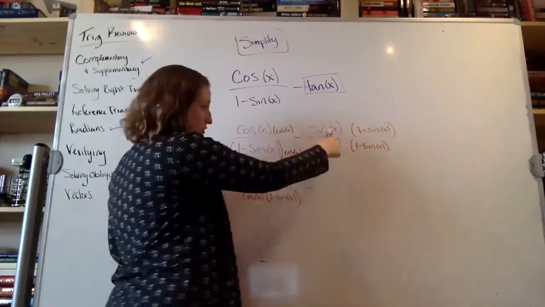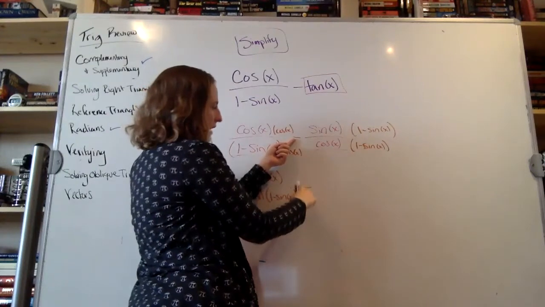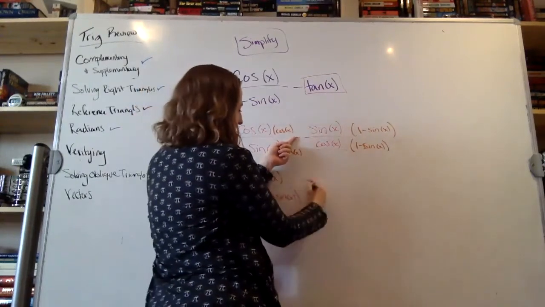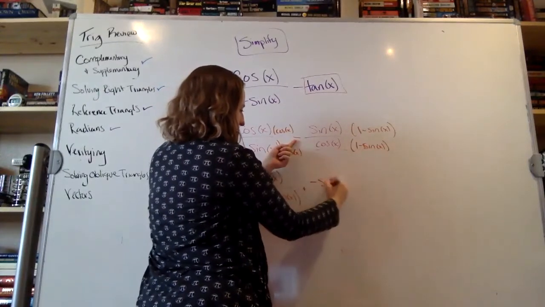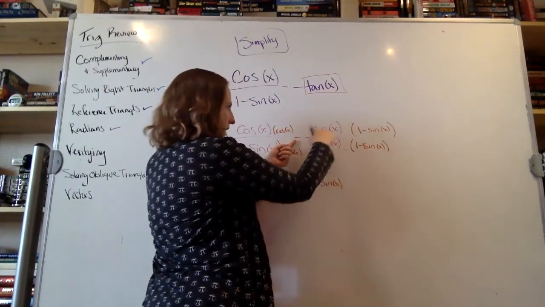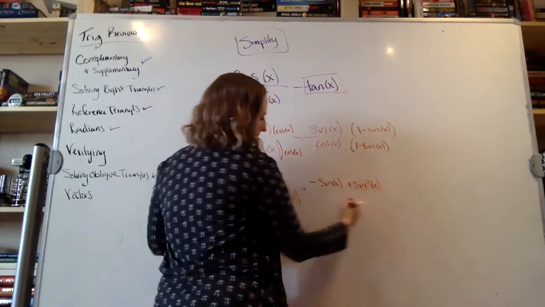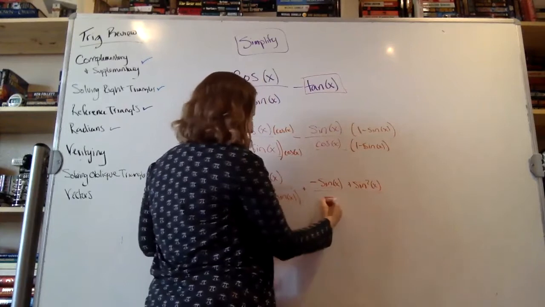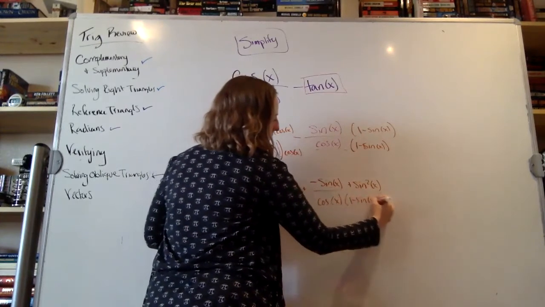I'm going to go ahead and distribute on top, making sure I remember this is a negative, right? So I'll have negative sine times 1 is negative sine. Negative sine times negative sine is positive sine squared. That's my new numerator, all over cosine x times 1 minus sine x.